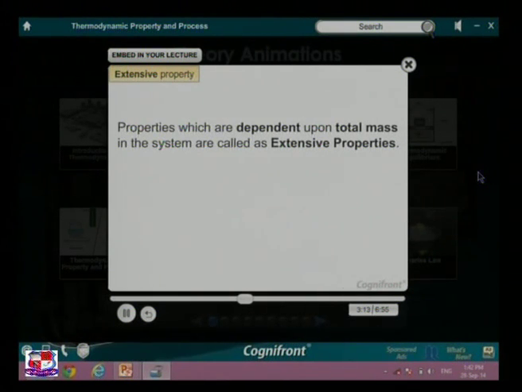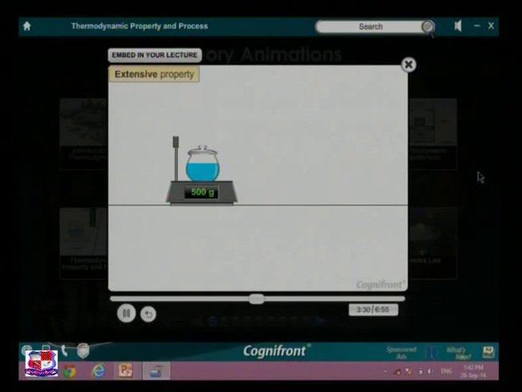Properties which are dependent upon total mass in the system are called extensive properties. For example, volume, energy, surface area, enthalpy, etc. Consider 500 grams of water which can be stored in a container of 500 ml.